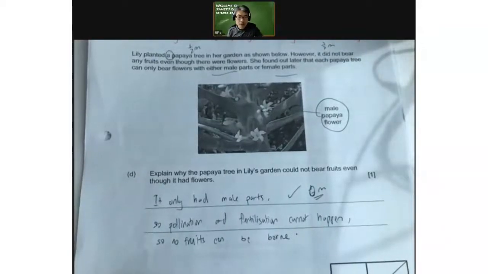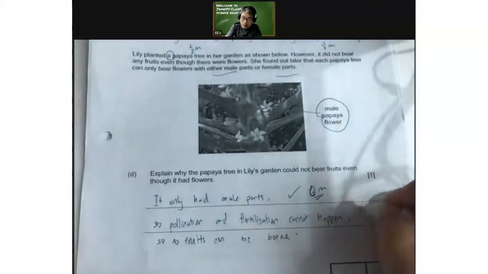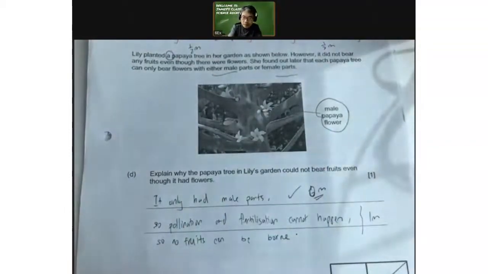He only had male parts, so pollination and fertilization cannot happen, so no fruits can be born. Okay? So you have your 1 mark here.